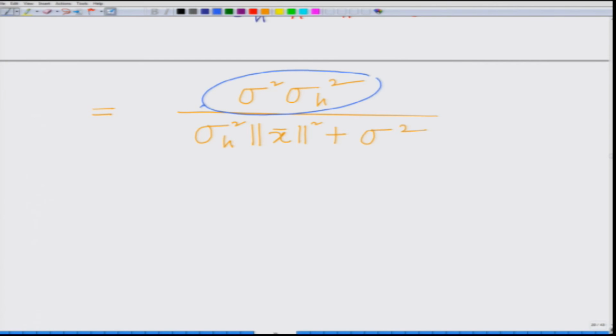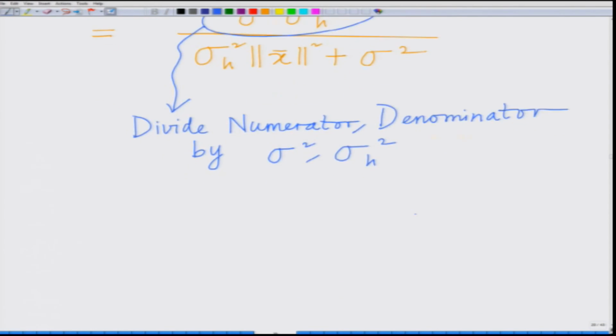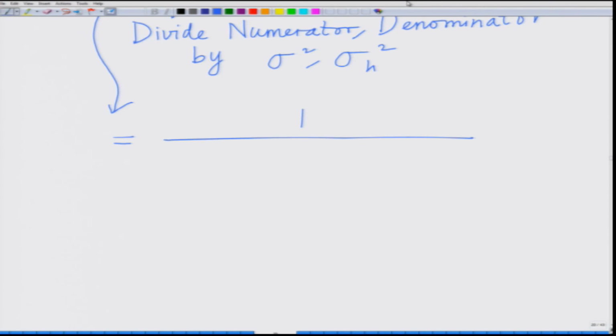Now we divide numerator and denominator by sigma square sigma h square, and when you divide numerator and denominator by this, the numerator will become 1, and the denominator will become norm x bar square divided by sigma square plus 1 over sigma h square.